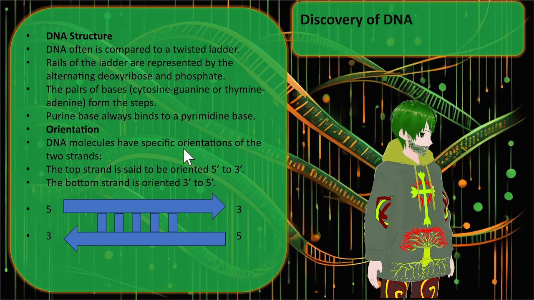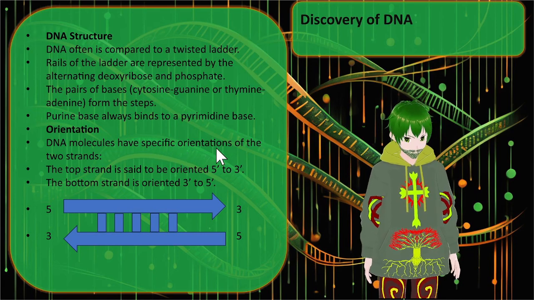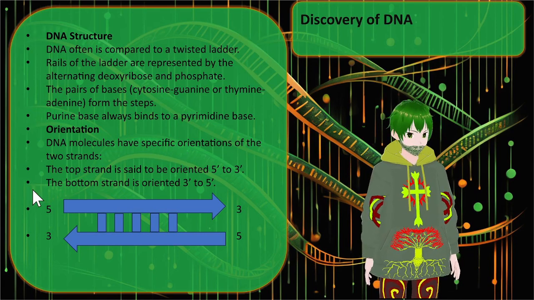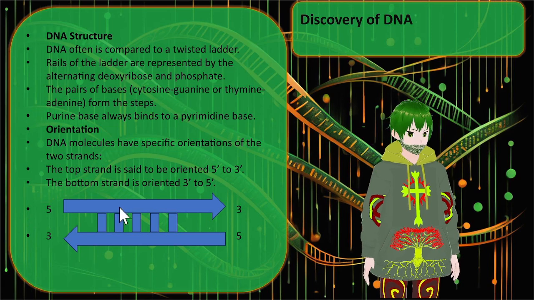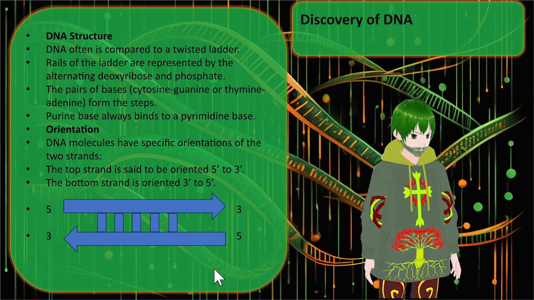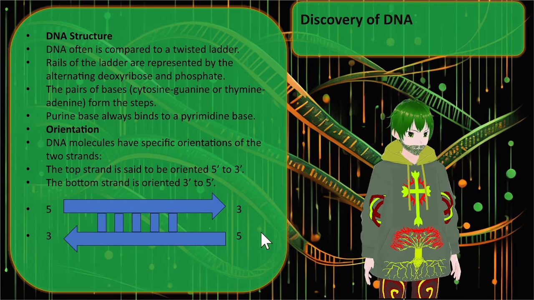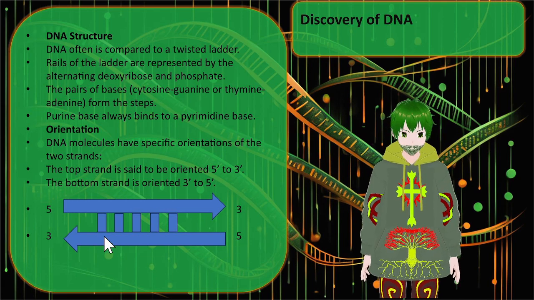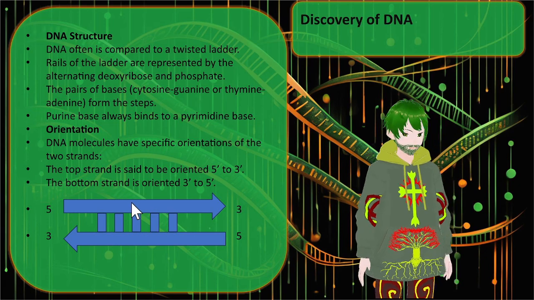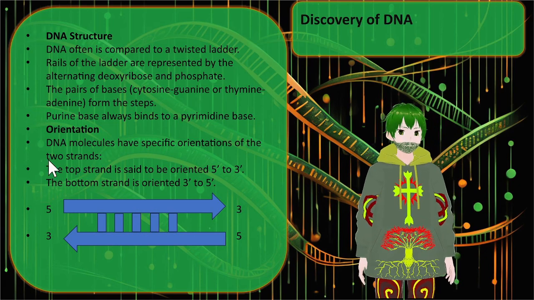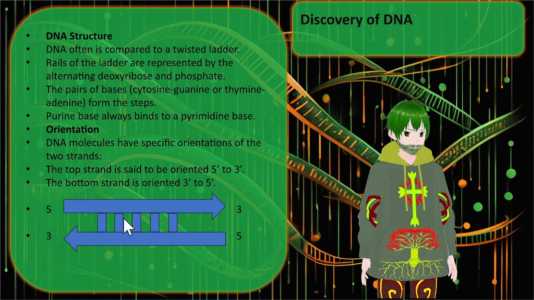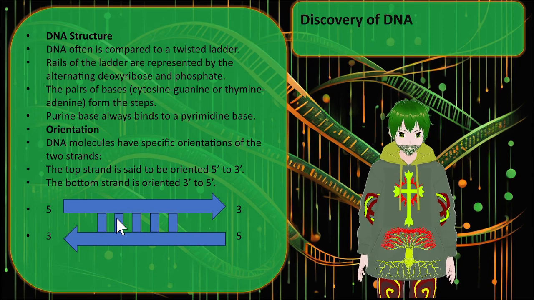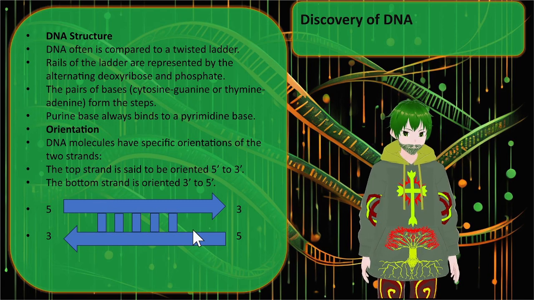The DNA molecule has a specific orientation where you have two strands, a 5-to-3 strand that goes in one direction, and a 3-to-5 strand that goes in the opposite direction. They are said to be anti-parallel, and that's the orientation of DNA. But it's interesting that codes for proteins come from this side and can come from this side as well. So it's not just one side that's important.